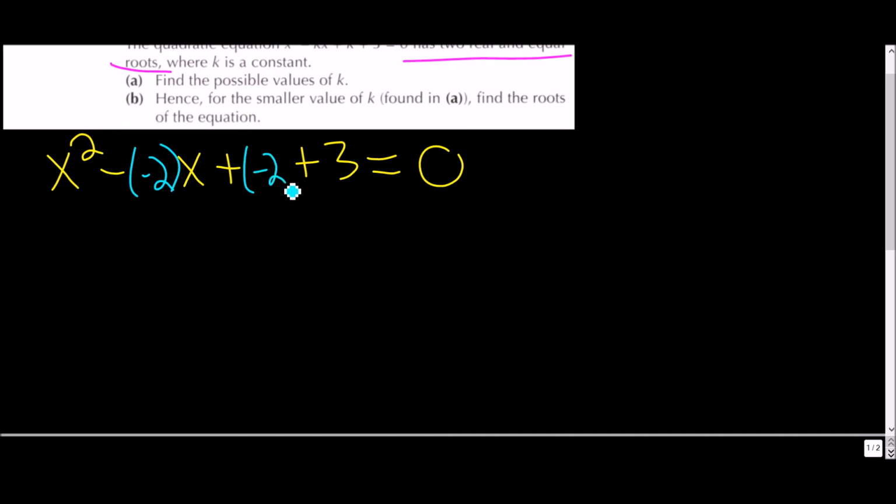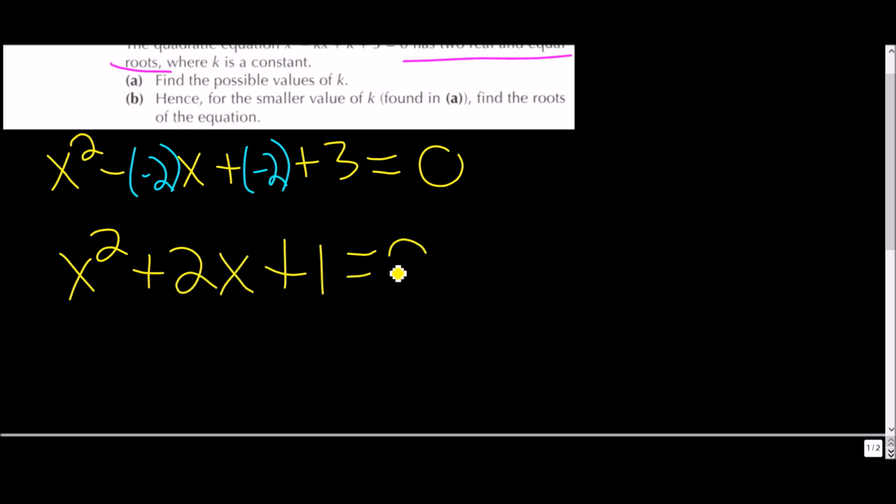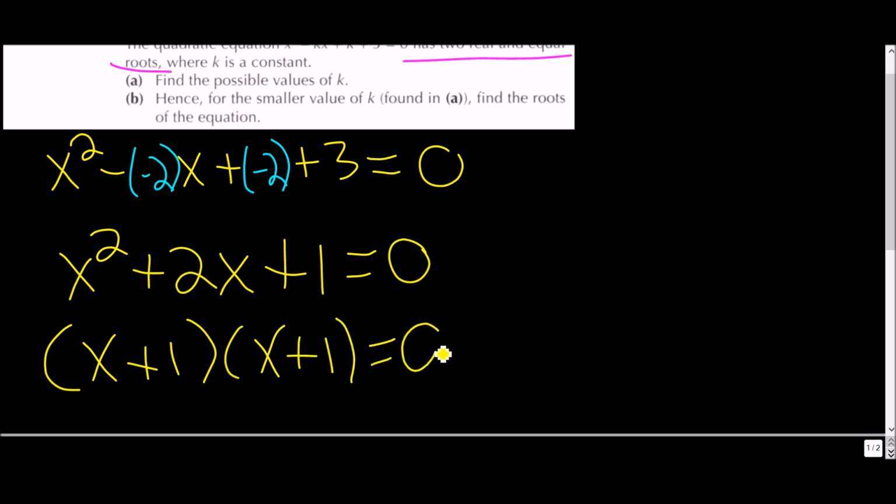Then we simplify: this is x squared, we've got positive 2x, and negative 2 plus 3 is a positive 1. Well, two numbers that multiply to make 1 and add to make 2 are 1 and 1, which means x is going to equal negative 1 and negative 1. Look at that. Two real and equal roots.